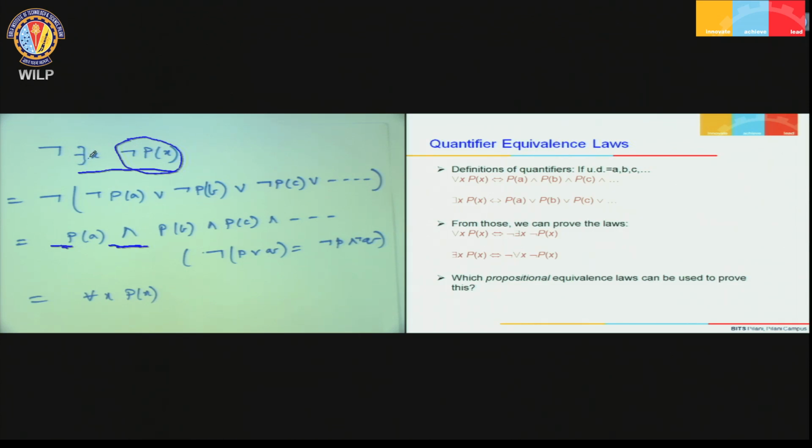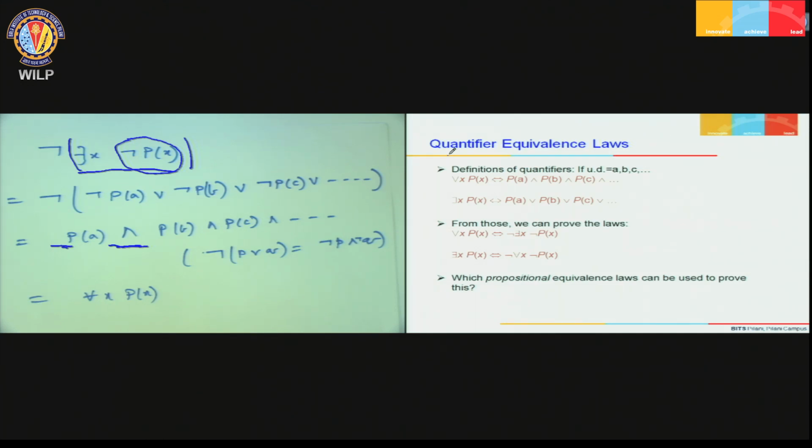It means that Q of A or Q of B or Q of C or Q of D, and so forth. Q is nothing but not of PA, so I can write not of PA or not of PB or not of PC, and so forth.